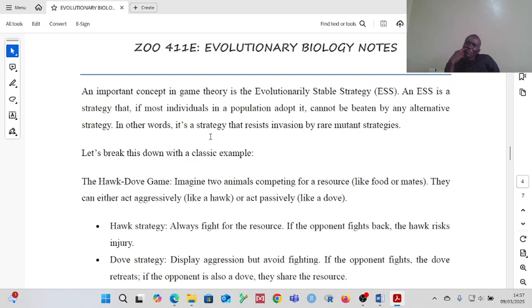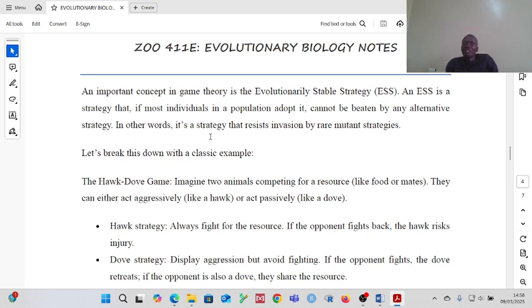So an important concept in the game theory is the evolutionarily stable strategy, abbreviated as ESS. So ESS is a strategy that, if most individuals in a population adopt it, cannot be beaten by any other alternative strategy. Okay? So it is a strategy that resists invasion by any other strategy.